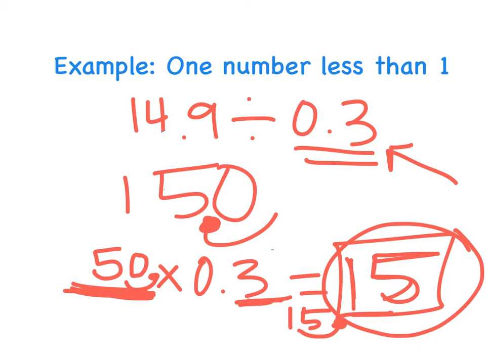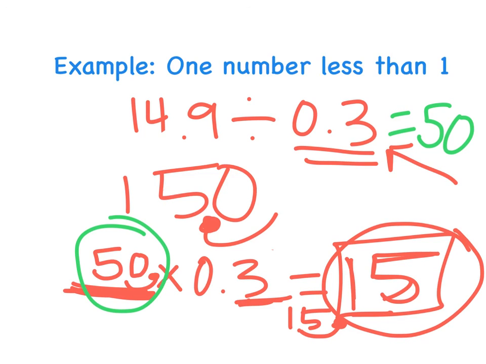So that means that this answer of 50 is correct. That's an awesome estimate for this problem. Now, these types of problems are tricky, where you have a number less than 1 as your divisor. We will go over these in class as well, but like I said, you don't see this super often, but we're going to get familiar with it again together tomorrow.